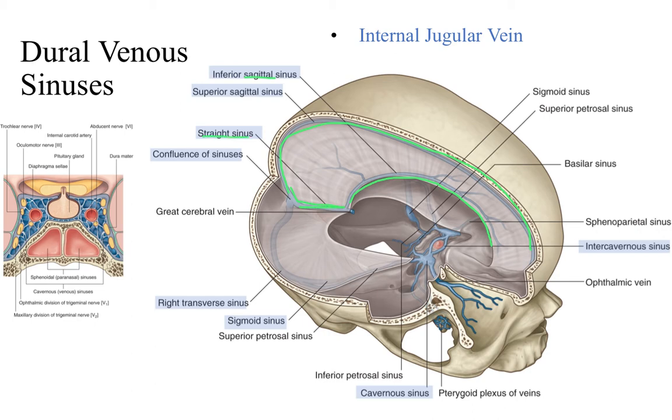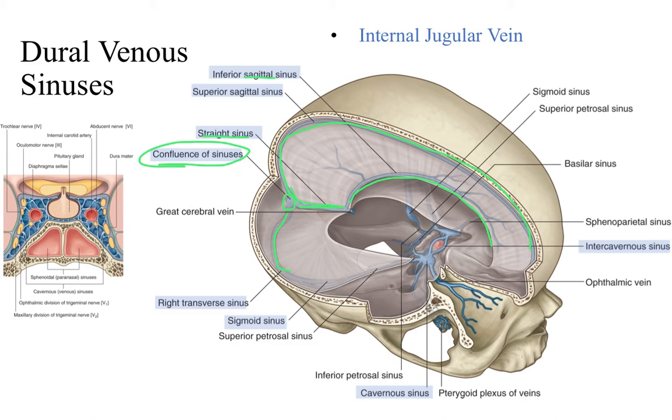All right, and in the back, where you have connection of a multitude of sinuses, is our confluence of sinuses. So confluence means a coming together of things. So many of your dural venous sinuses are going to come to that point. That will include our right transverse sinus along with our left transverse sinus that you can't see here.